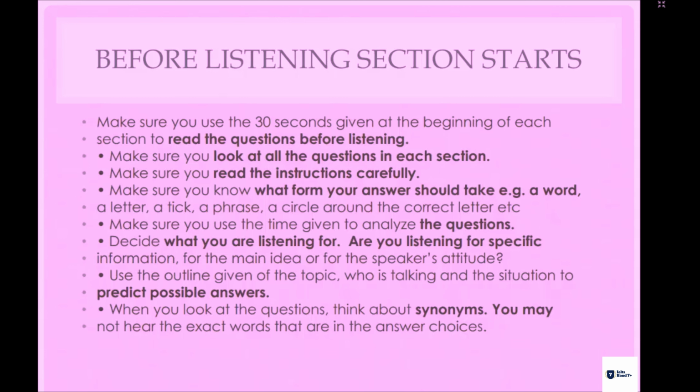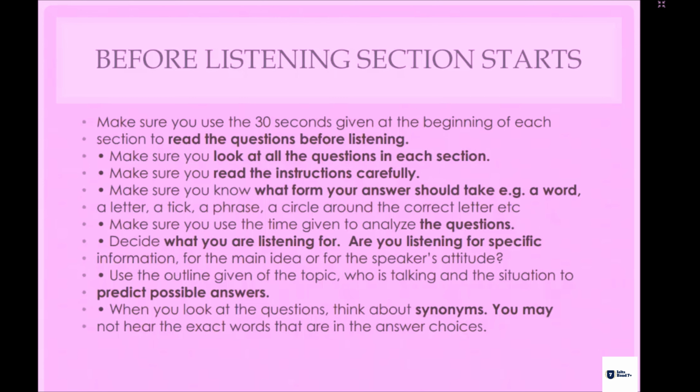In section 1, they're going to split it in half, and first say something like, "You now have some time to look at questions 1 to 5," right? And then they're going to stop the tape, and you have some time to look at questions 1 to 5. And then after that, they're going to play the tape, and you answer questions 1 through 5 while the conversation or the lecture is happening.